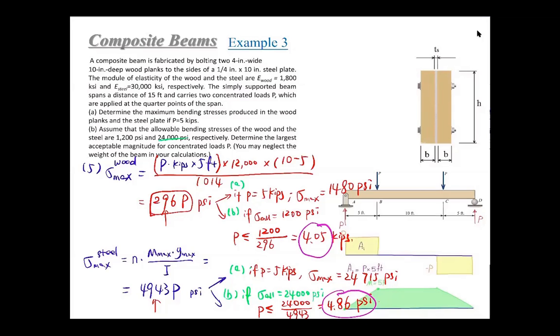So for B, P should be not higher than the smaller one of 4.05 and 4.86. Obviously, that is 4.05 kips. So this is our final design report.